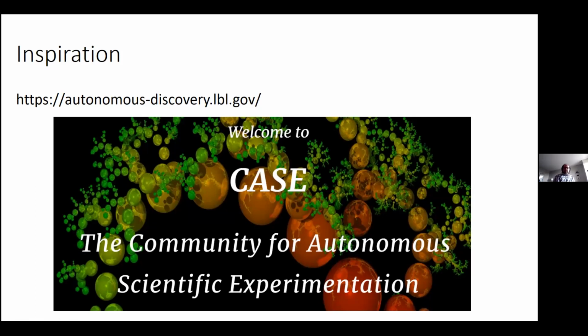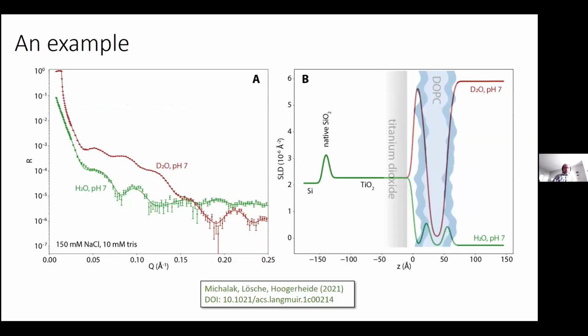And we thought, this is basically what Refl1D does. I bet we can take the output of something like Refl1D and turn it into an autonomous engine. So I really want to give credit to this particular workshop for inspiring this and showing us that this is possible.